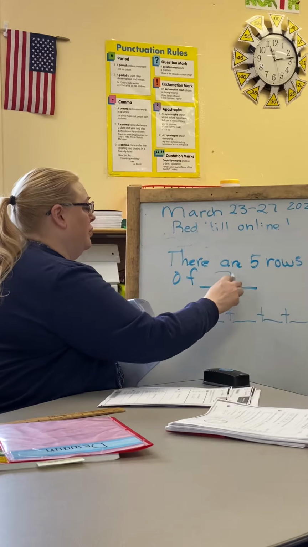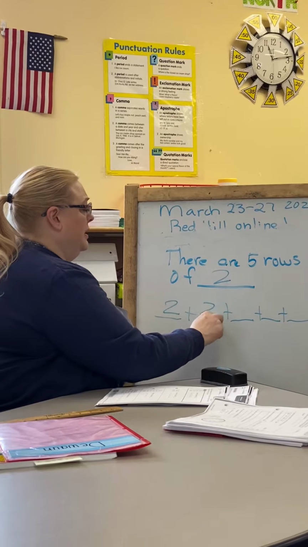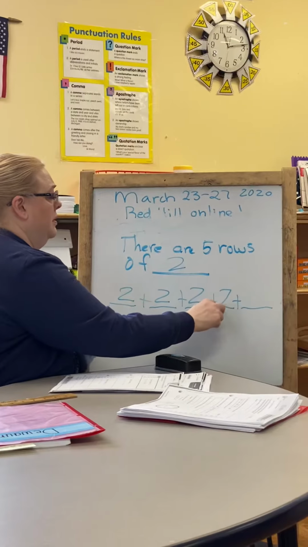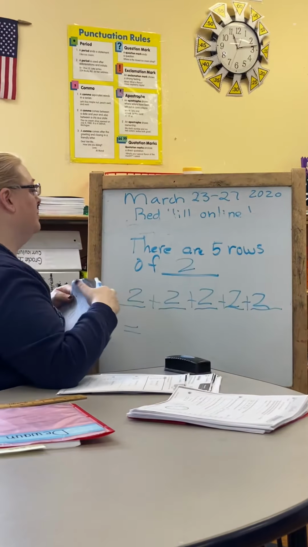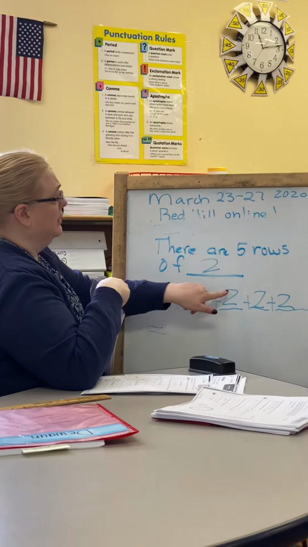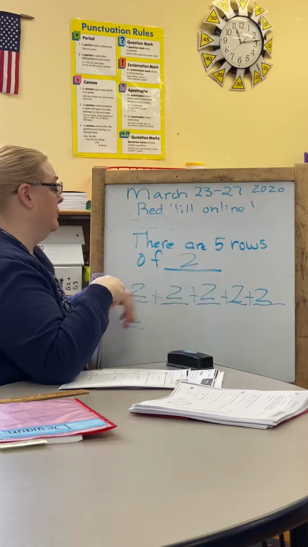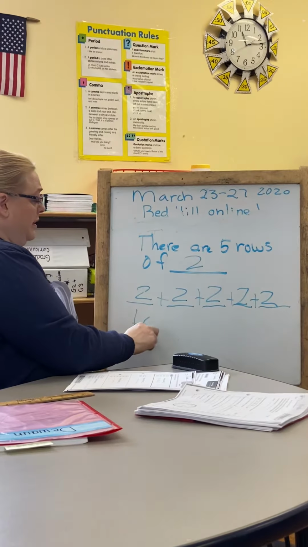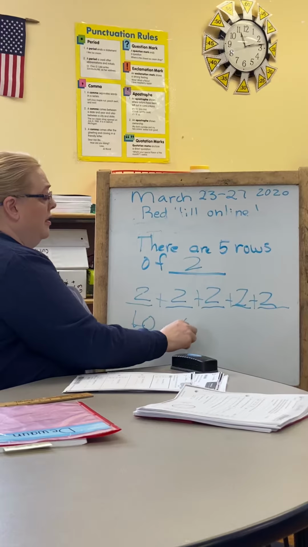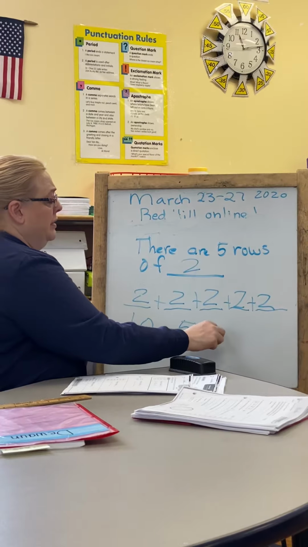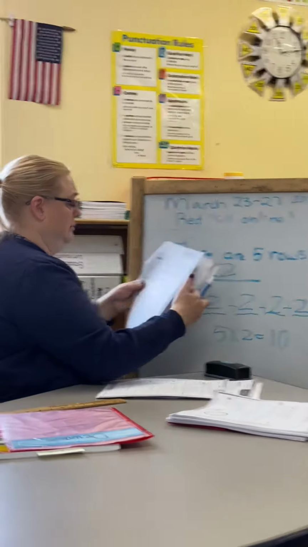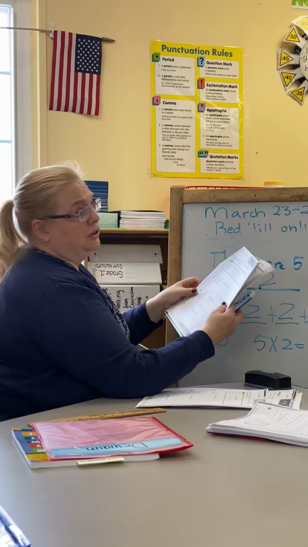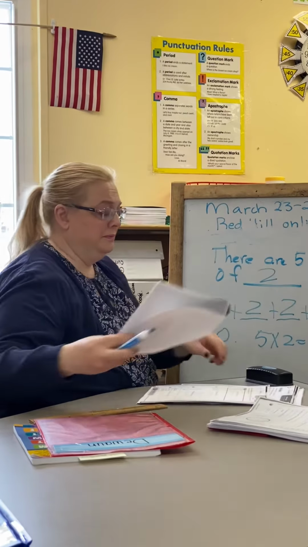So it's 5 rows of 2, or 2 plus 2 plus 2 plus 2 plus 2. 2, 4, 6, 8, 10. We know that our answer is 10, or 5 times 2 equals 10. And I will let you do the last one on your own.